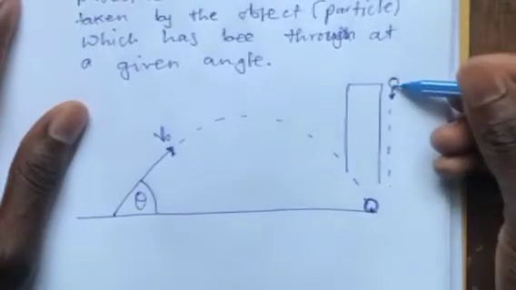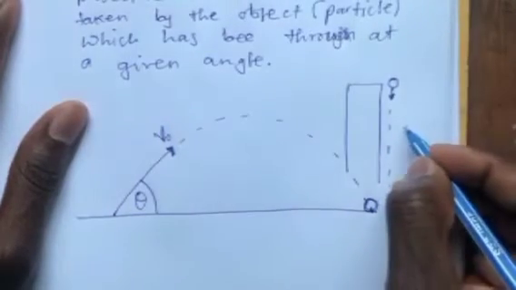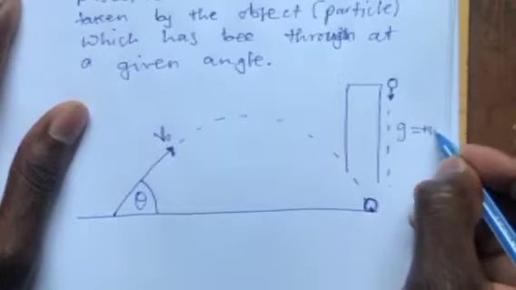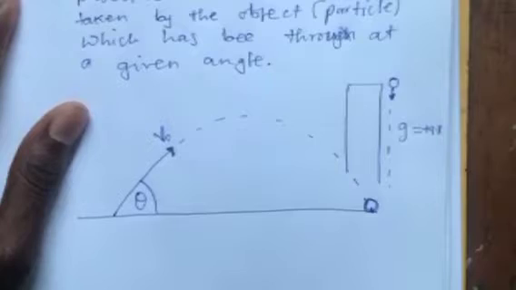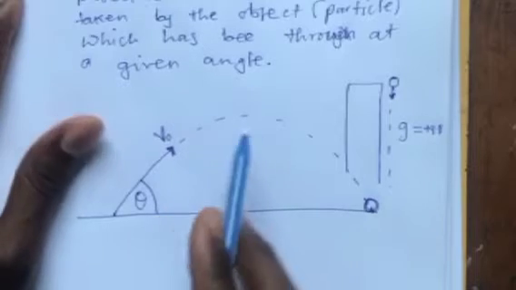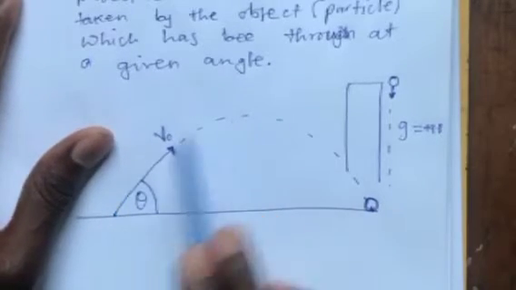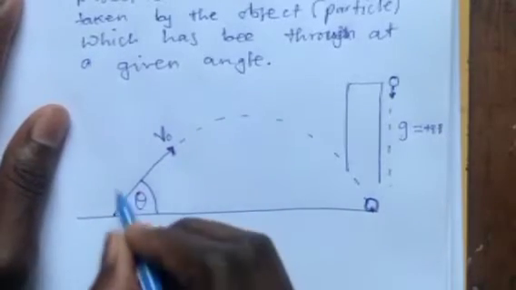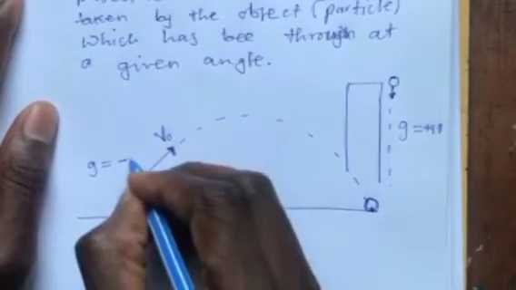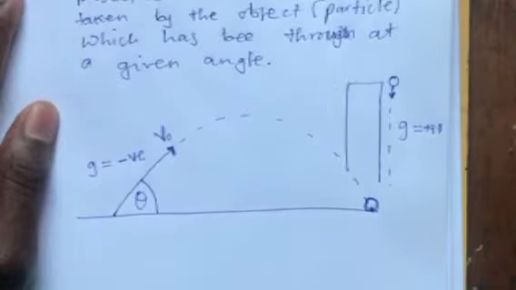That's why we say its acceleration due to gravity, g, must be equal to positive 9.8 meters per second squared. Now, there are cases whereby the object has been projected upwards, meaning that here it is opposing the gravity. Whenever it is opposing the gravity, g has to be negative. If an object is being thrown upwards, g must be negative. That is always.